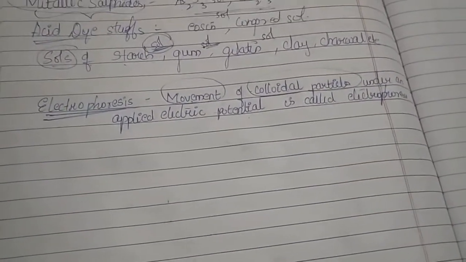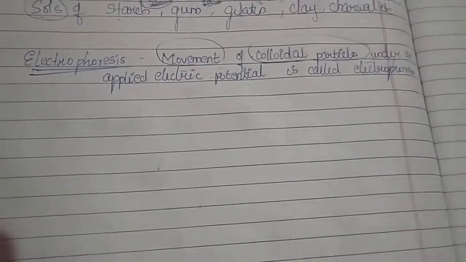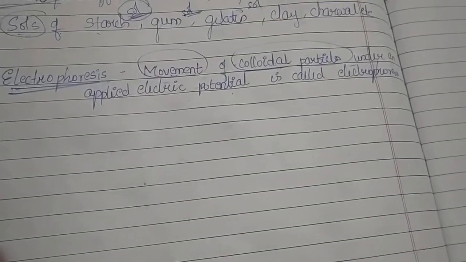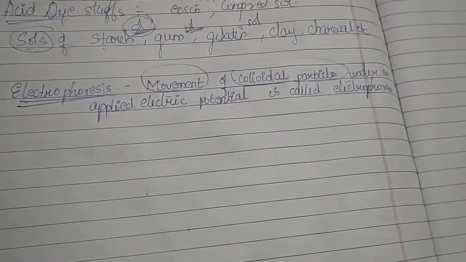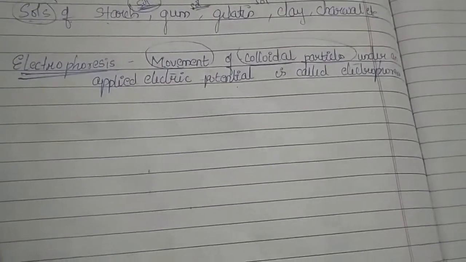Now the question arises: you have said that under the influence of an electric field, the colloidal particle moves. But how can we say, by using electrophoresis, that our colloidal particle has a positive or a negative charge?